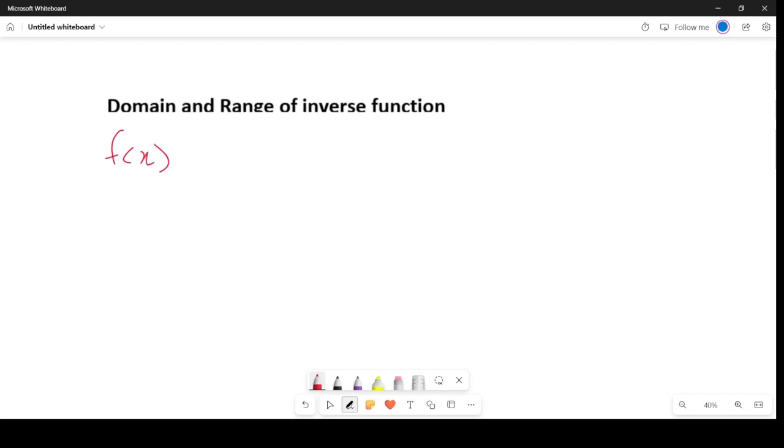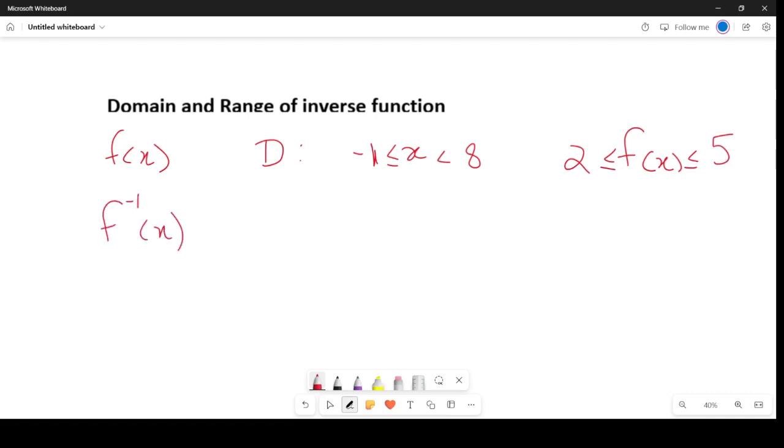Domain of that is x is between, let's say, -1 and 8. And range is between, range के लिए middle में f(x) ही लिखते हैं. Let's say f(x) is between, for example, 2 to 5. Okay. Then what will be the domain and range of f inverse of x?